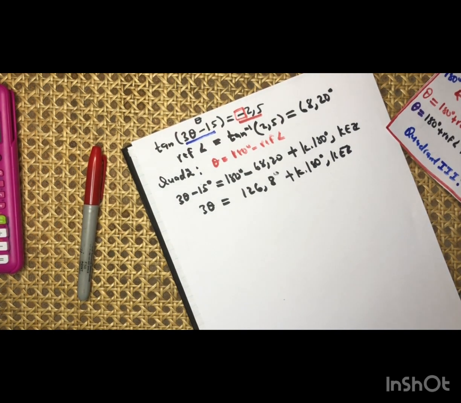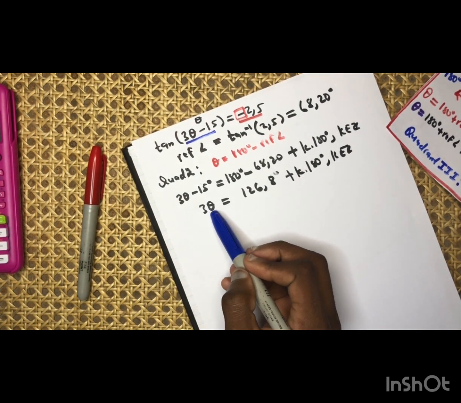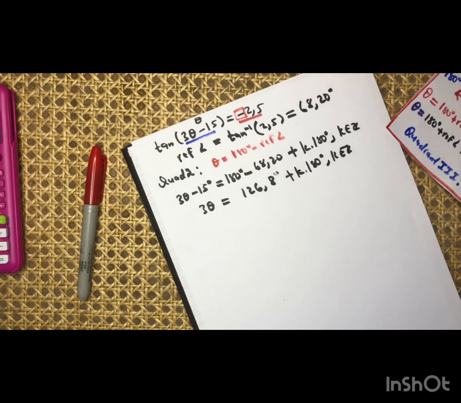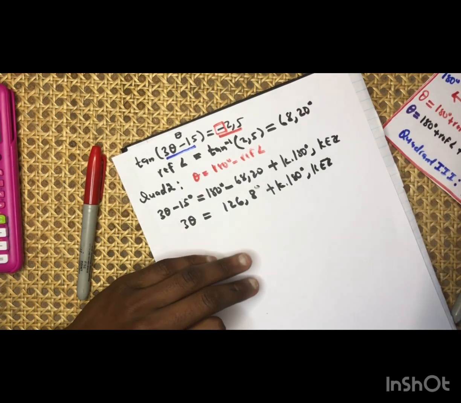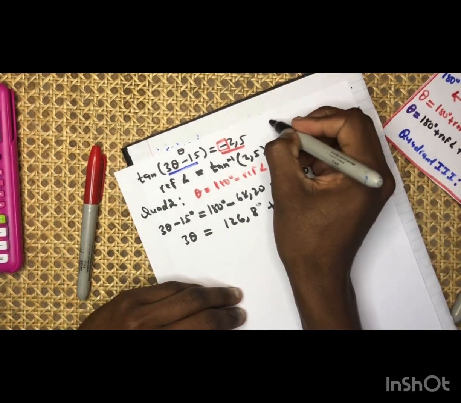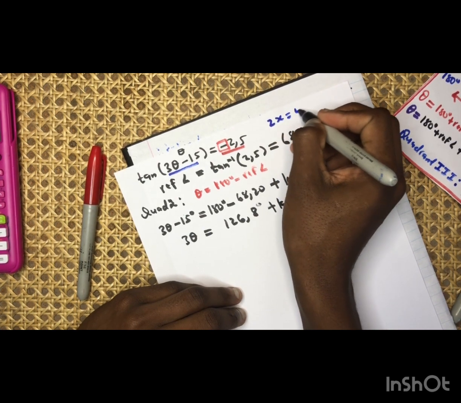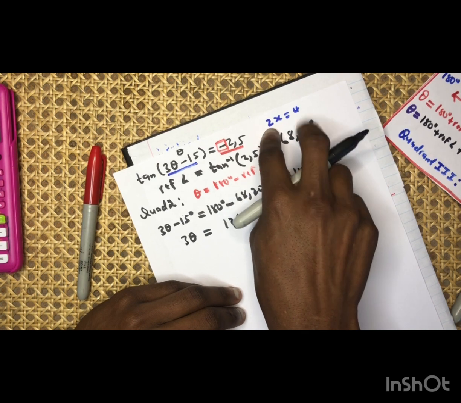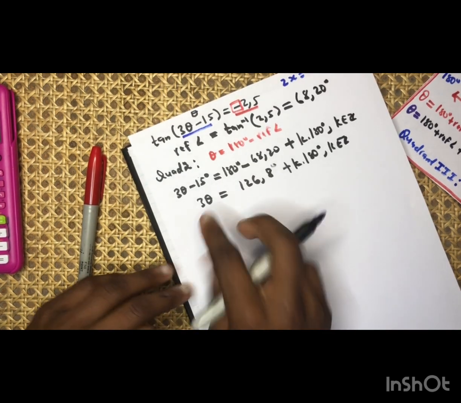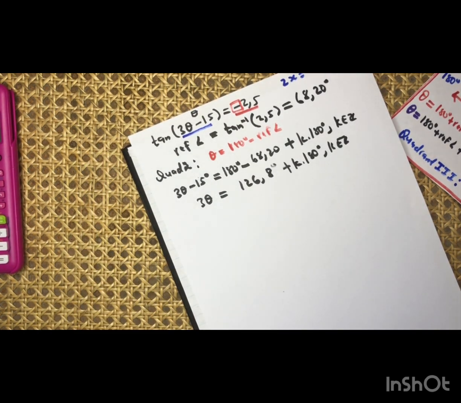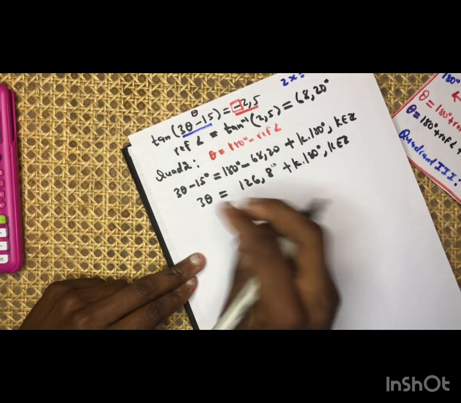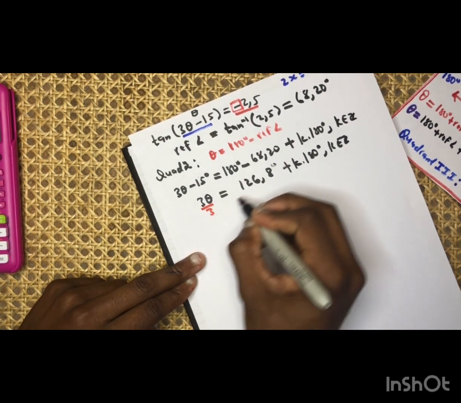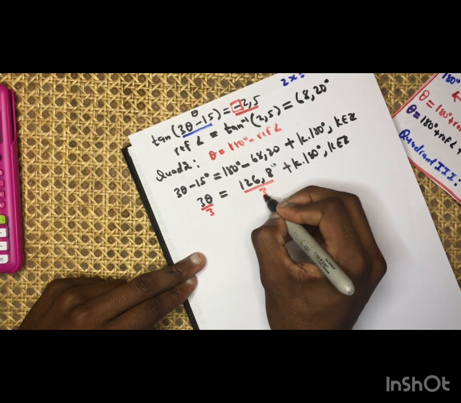Remember, good people, when we are solving for theta, what do we need to do? Remember your algebra, that's why I was saying you must remember your algebra. If I have 2x equal to 4, what must I do to get x? I have to divide by 2 on both sides. So in order for me to get theta here, I have to divide both sides by 3.